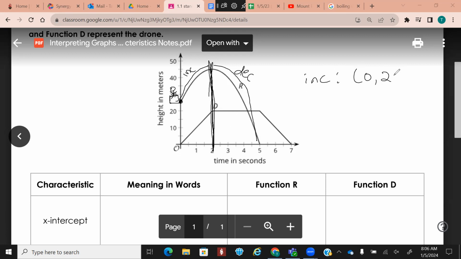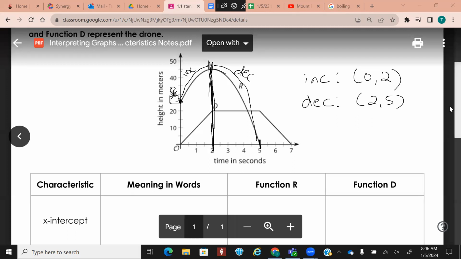At 2. When do we start decreasing? At 2. So when do we stop decreasing? Look at the time. Look at the x values. 5. 2 to 5. Go back. 2 to 5. Does everybody see where I got that from?